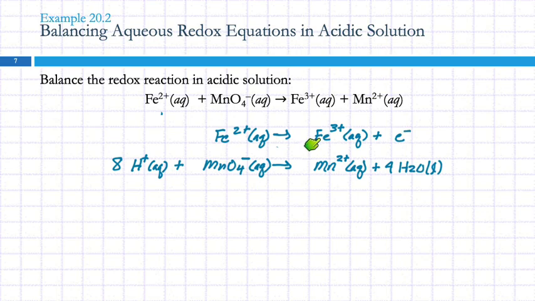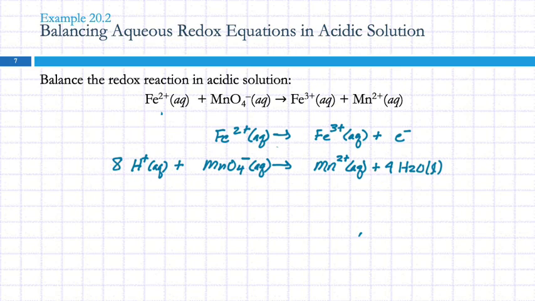This side has a higher charge, so I'm going to add an electron to bring it down to be the same. If we look at this in terms of oxidation and reduction, the iron 2 plus is being oxidized to iron 3 plus. Oxidation is loss of electrons. So the Fe2 plus is losing an electron.